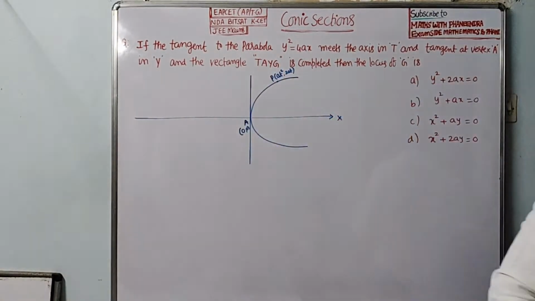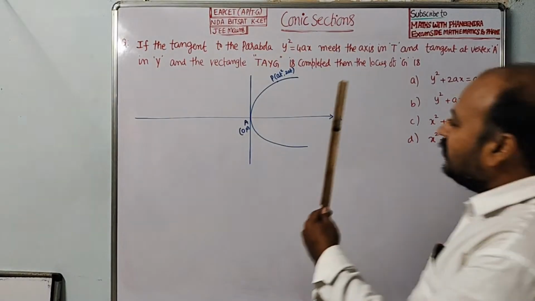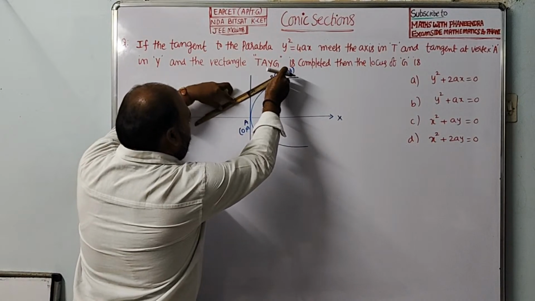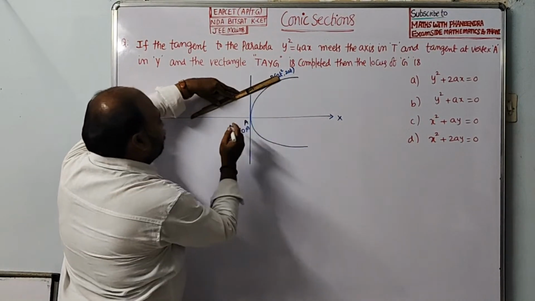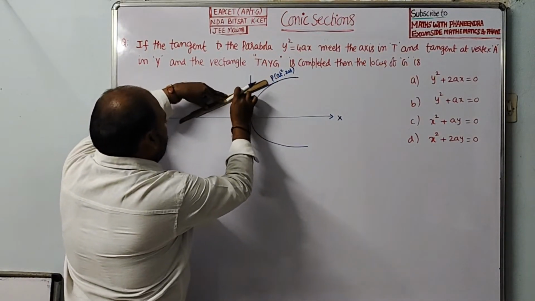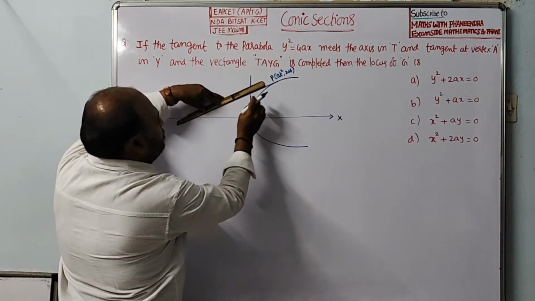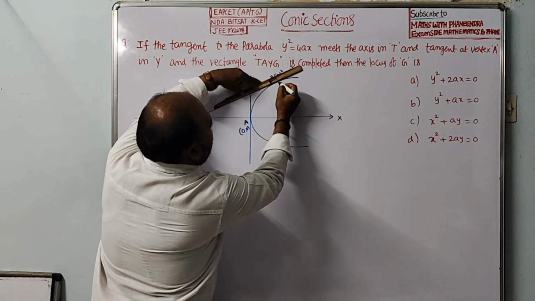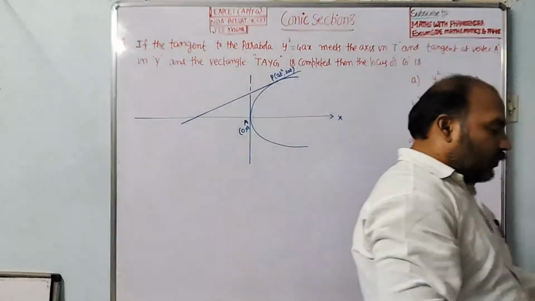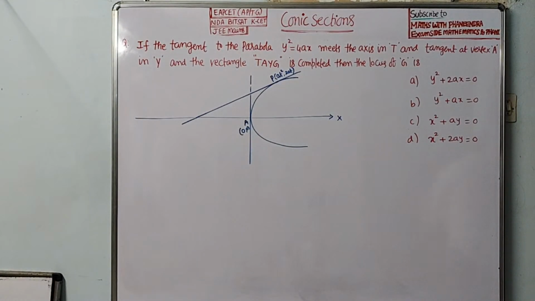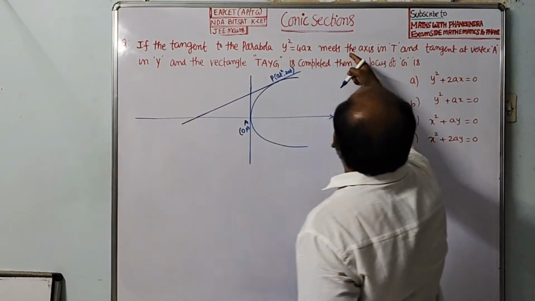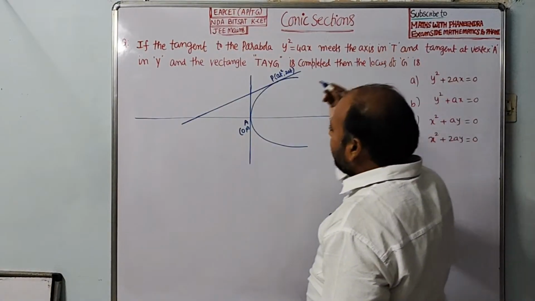What is the tangent equation at the point P? This is the tangent from this point to here. If you want, you can extend it like this. Tangent meets the axis in T. Axis means this one.